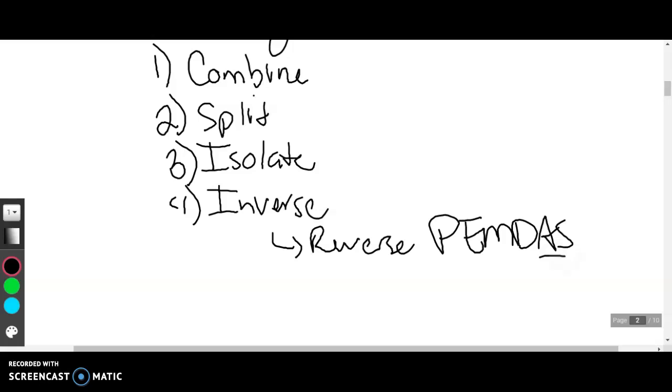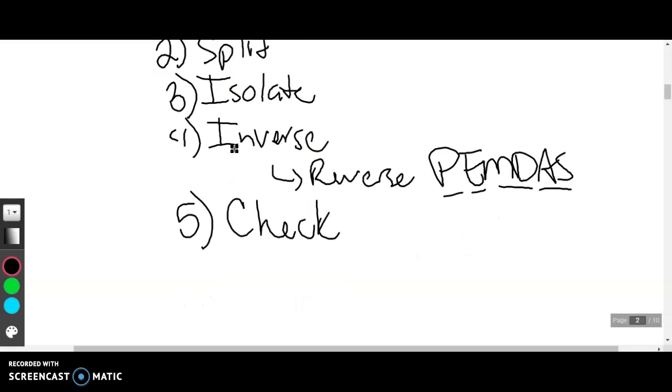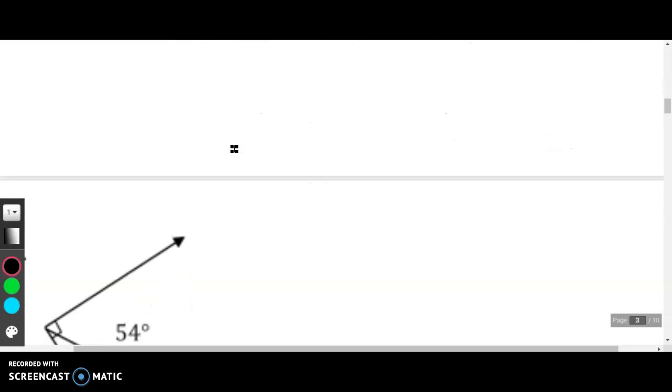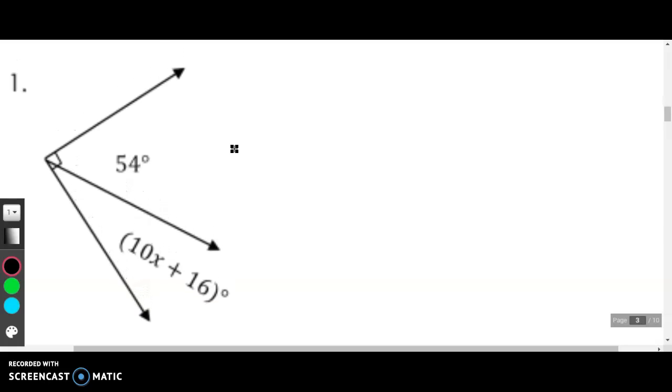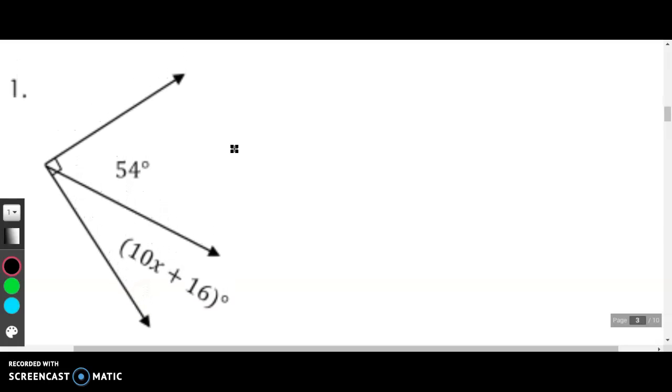So we want to use reverse order of operations. So combine, split, isolate, inverse, and then finally check. If you say that x equals 14, plug 14 in and make sure that it works. Okay? That should be familiar to everyone. That shouldn't be new. Hopefully you didn't have to write that down, but you did anyway, just because you knew how important it was. All right.